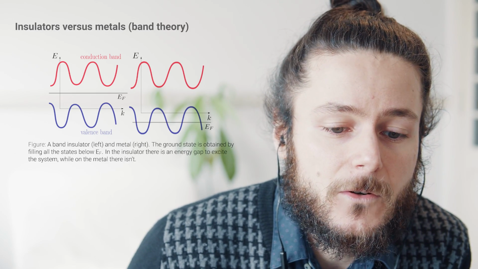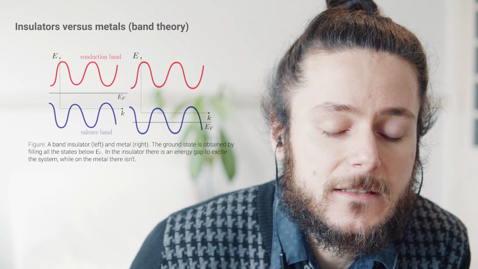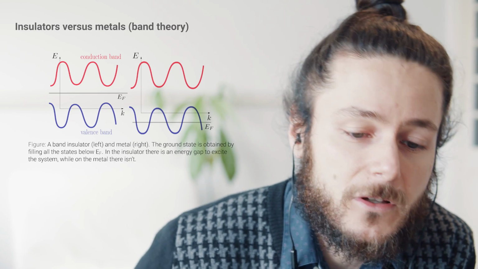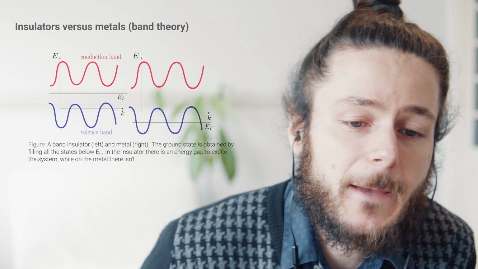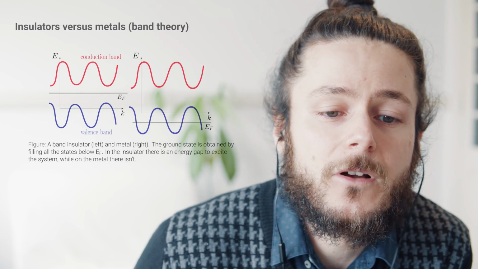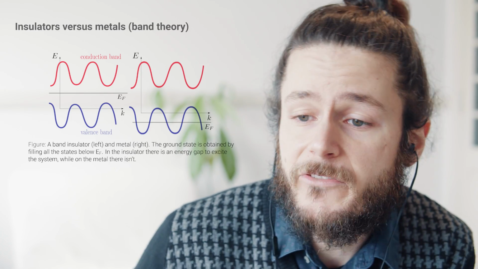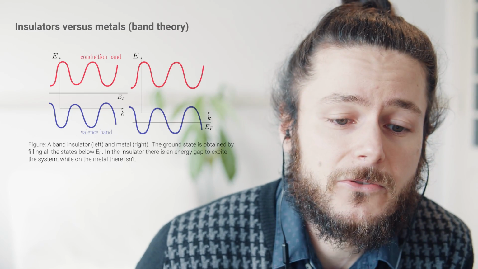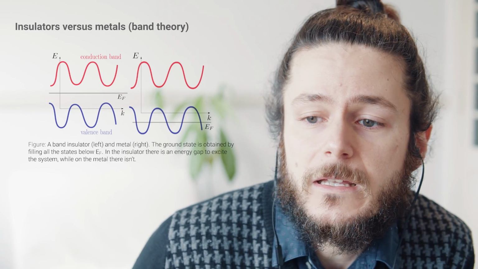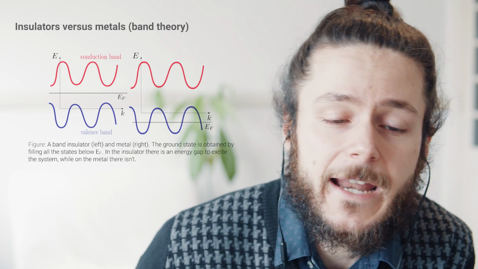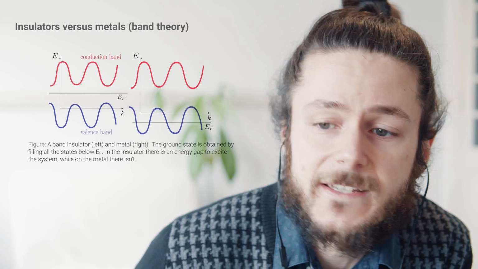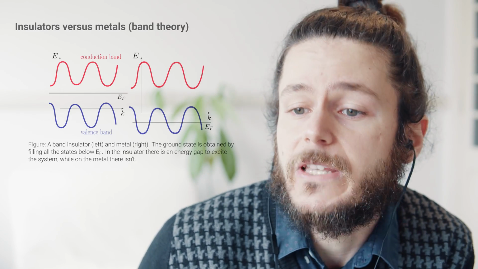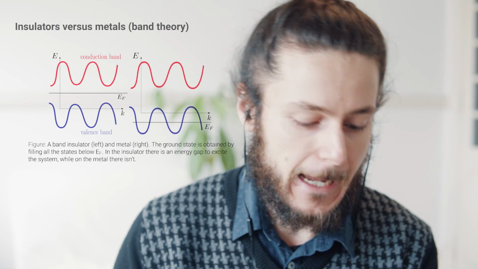So the blue bands, I will call them the valence bands, and the red bands, I will call them the conduction bands. And even in the case of an insulator, you could, in principle, give an amount of energy which is of the order of the gap to excite electrons.